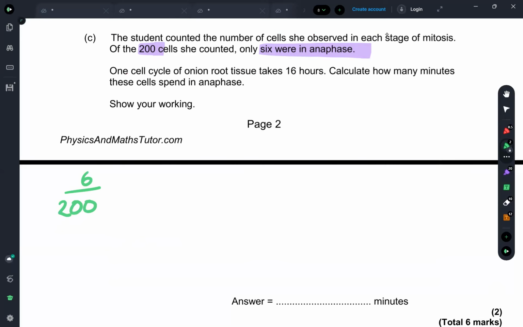Of the onion root tissue, one cell cycle takes 16 hours. Calculate it in minutes.